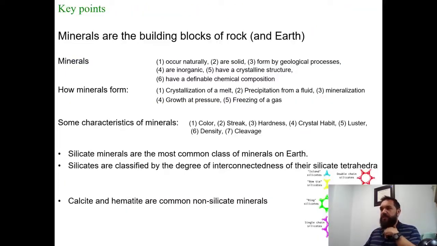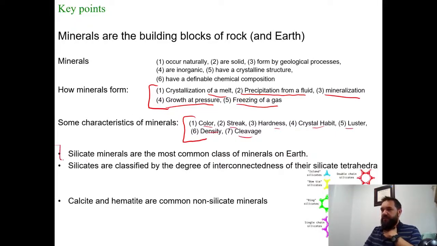They're the building blocks of rocks. They form from either crystallization of a melt, precipitation from a fluid, mineralization, growth at high pressures, or freezing from gases. They have some characteristics such as color, streak, hardness, crystal habit, luster, density, and cleavage. That's how you identify them.